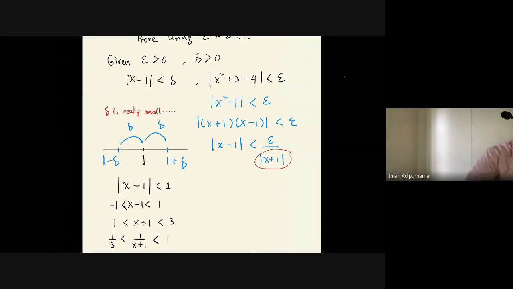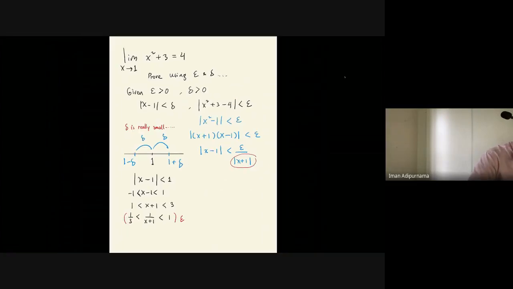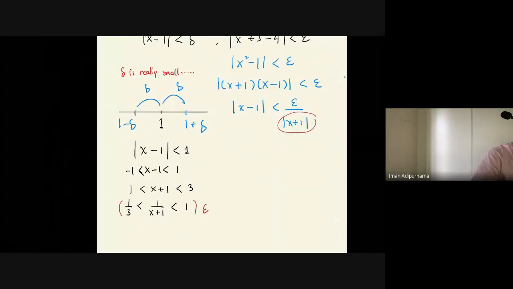Let's try to multiply all by the epsilon. So epsilon over 3 is less than epsilon over x plus 1 is less than epsilon. We get this expression here.